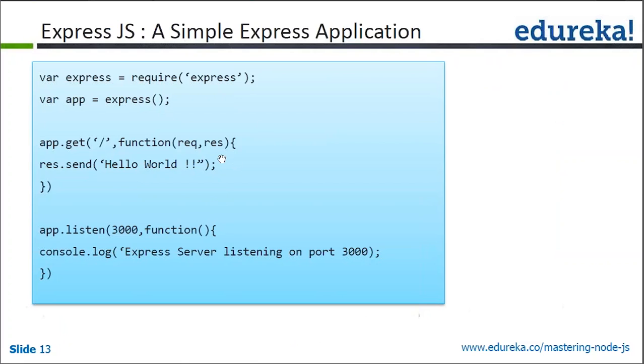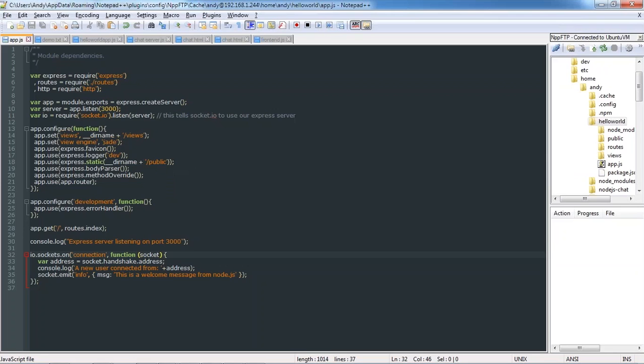We send Hello World. We've looked at this in the previous example. Before we do that, I'm just going to finish out the example we started on. So we defined a simple route. Over here, as you can see, once a socket is connected, I take the handshake address and simply say this is a welcome message from Node.js.